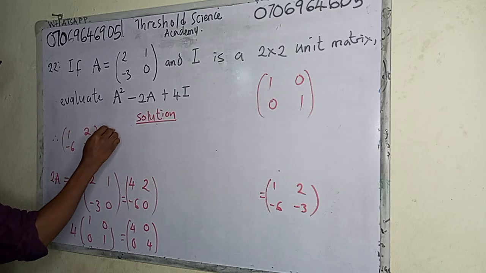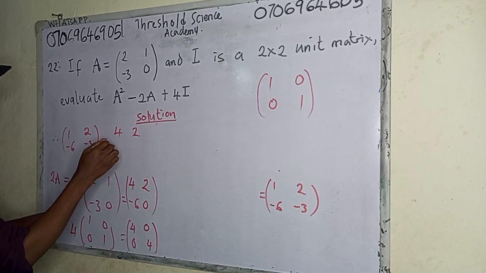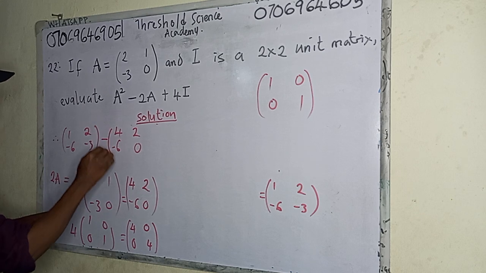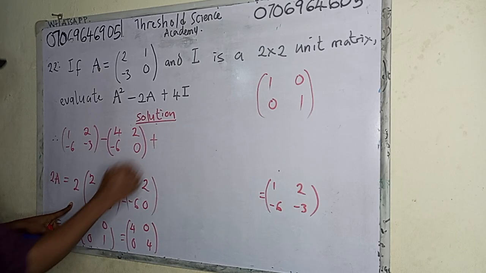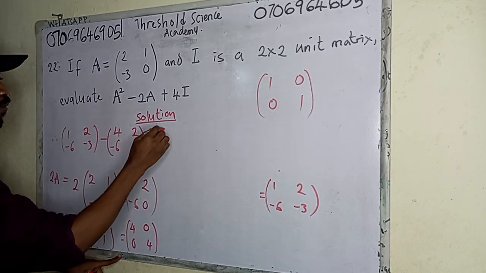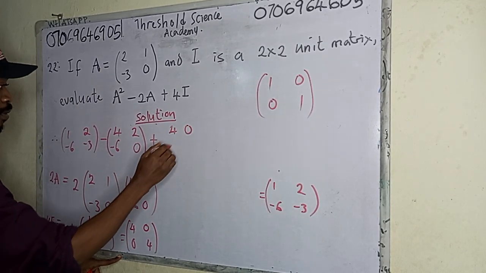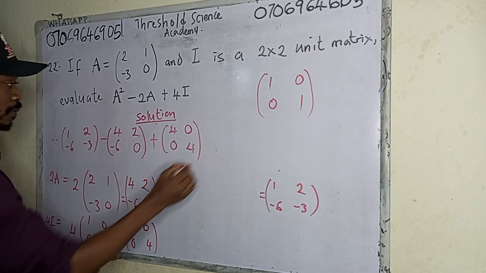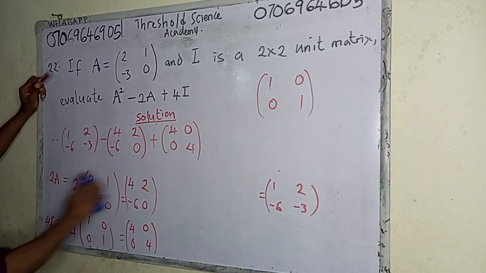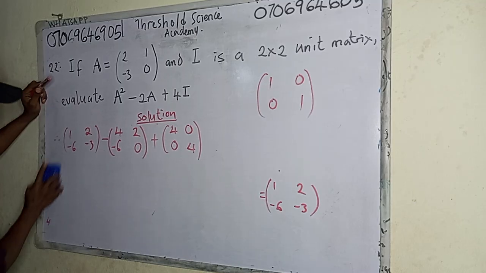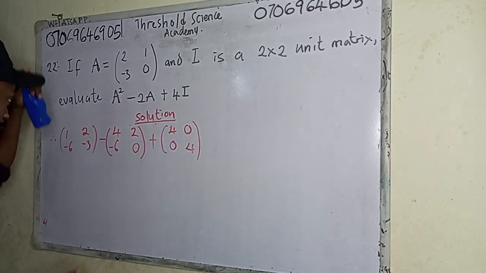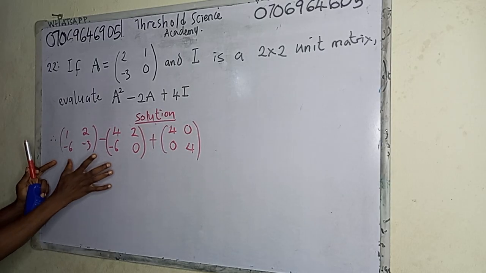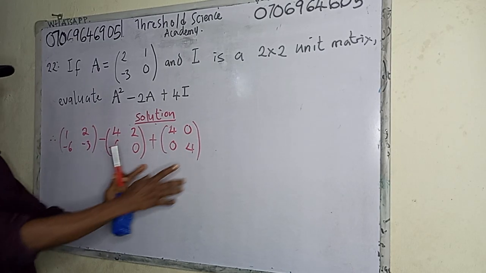My 2A is already 4, 2, minus 6, 0. You have to be very careful with that one. And then plus 4I. 4I is 4, 0, 0, 4. Then we are done. The next thing, we are just going to perform the operation. I'm going to do these two first of all. Any answer I get, I'll now add to this.